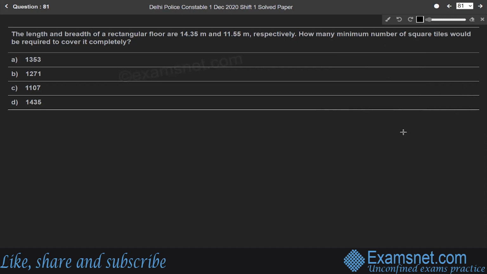We have to calculate the area of the rectangular floor first, right? Before that, let us write the length and breadth. Length of the rectangular floor is equal to 14.35 meter. We can express this in terms of centimeter so that we can easily calculate the highest common factor. So it is 1435 centimeter, right?